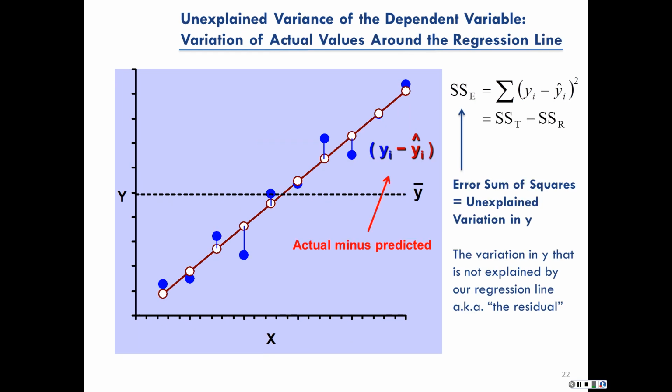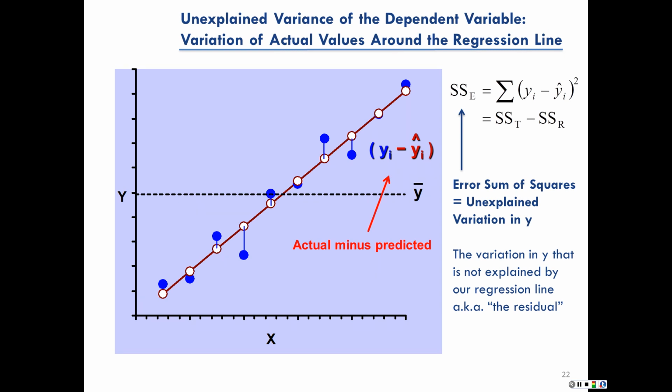And then secondly, there's the unexplained variance of the dependent variable. This is the variation of actual values of y around our regression line. So in the actual cloud of data, you're going to have that regression line, and then you're going to have the actual values plotted here. They're shown in blue. The distance from each of those blue values to our red regression line is the error.